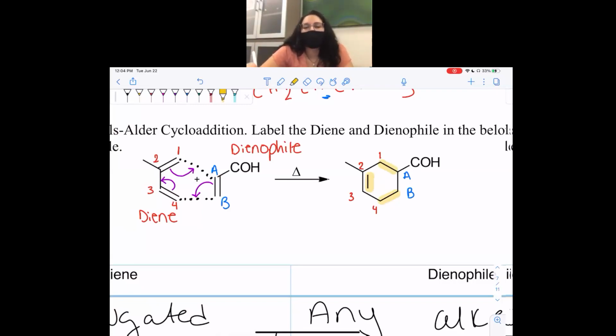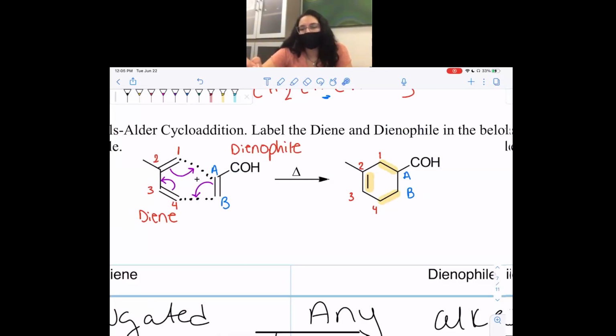The yellow is the new bonds that we just made. And basically, we just went from two linear things to one ring.